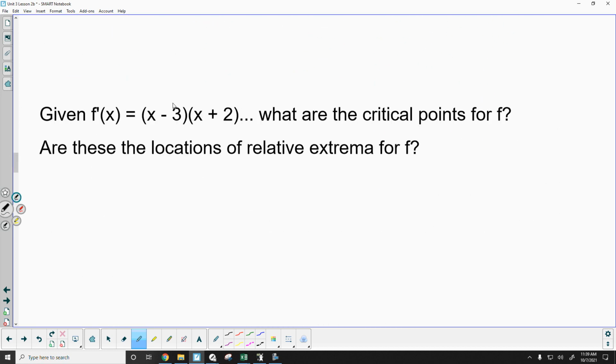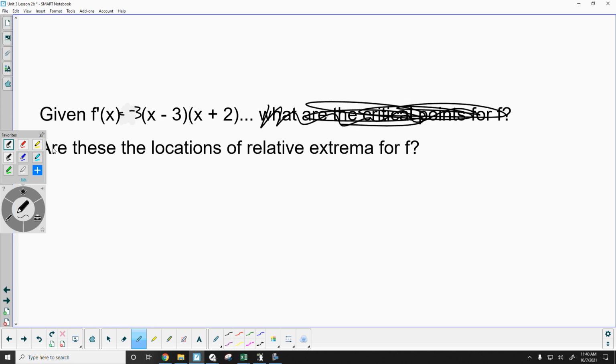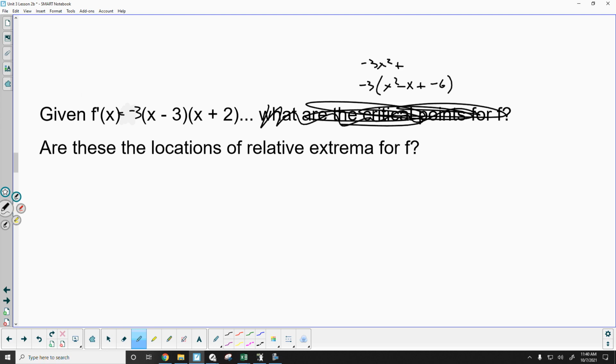All right, I'd like you to change this and pretend you don't see anything. Please put a negative 3 in front of it. Give me a second, pretend like you don't see this. Like, clear this out. Okay, ready?